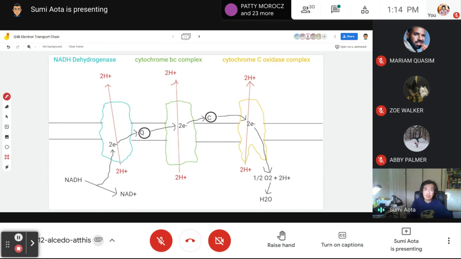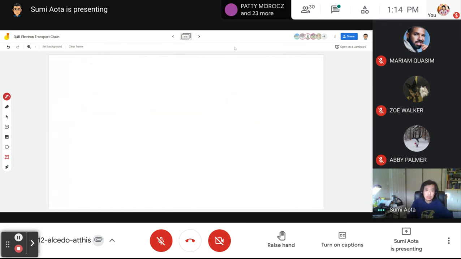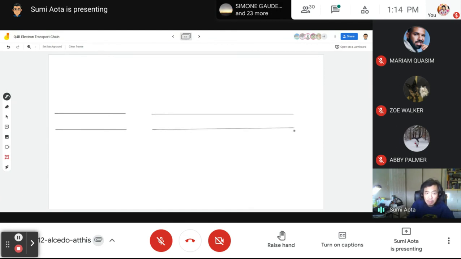Okay, why did we build up this hydrogen gradient? If I go over here and build the rest of this, so there's the rest of the cristae. What you're going to have, just sitting a little bit downstream from those permeases, is going to be a structure that looks like this.